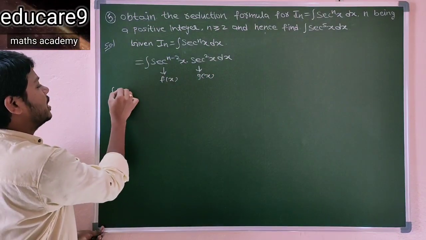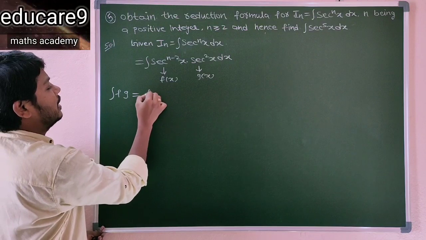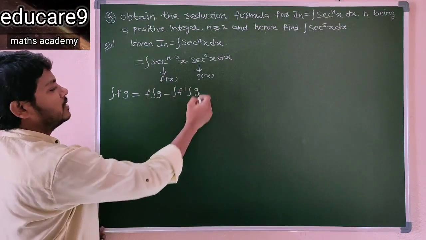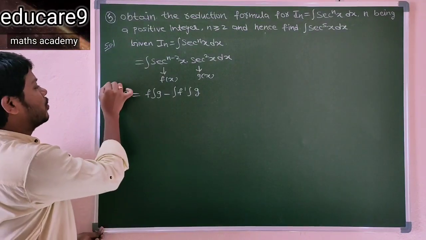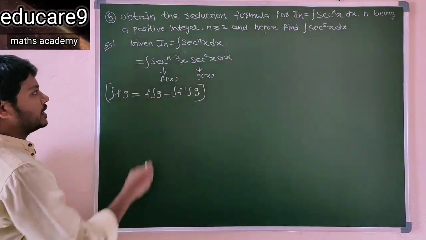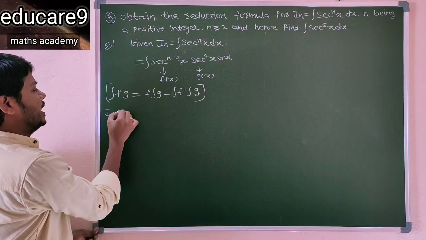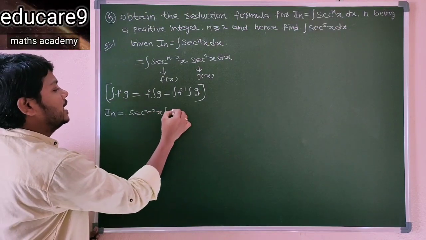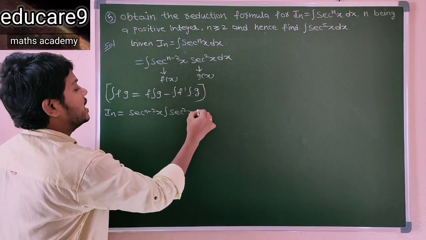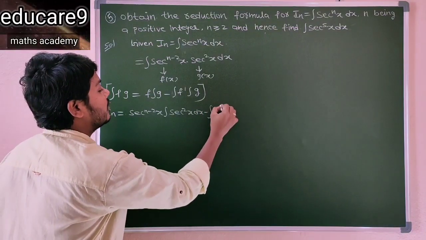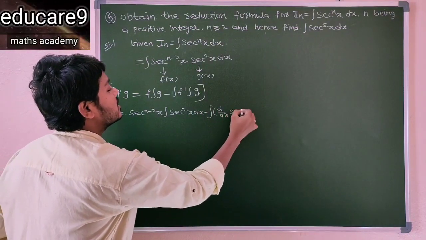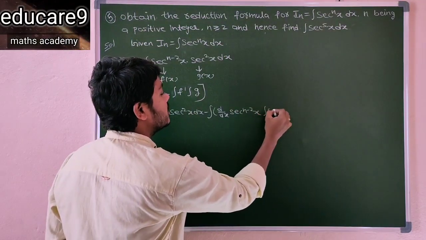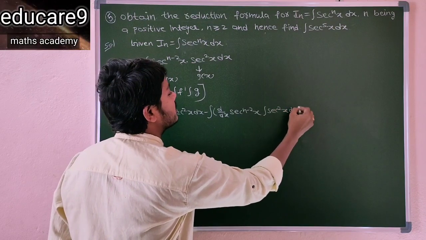So you know that the integration of fg is f times integration of g, minus f dash integration of g. So you have to apply this formula. So In is equal to sec^(n-2) x times the integral of sec^2 x dx, minus the integral of d by dx of sec^(n-2) x times the integral of sec^2 x dx, dx.